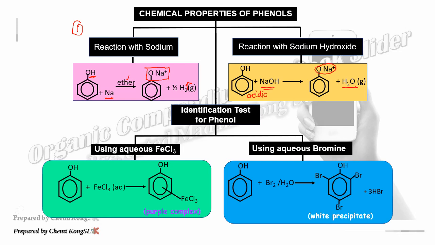Just now, alcohol can react with sodium, but alcohol cannot react with sodium hydroxide, meaning the aliphatic alcohol. Okay, if you forgot already, never mind, I will just show you. For example, just now CH3CH2OH can react with sodium and form CH3CH2O negative, Na plus and hydrogen gas.